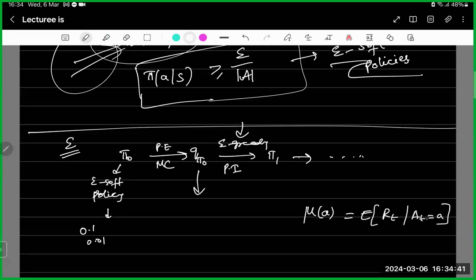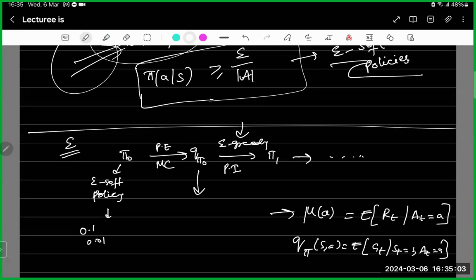Similarly, the true Q, the actual Q definition which we are calling Q pi of s comma a, will be expected G_t given S_t equal to s, A_t equal to a. This expected value is what I'm calling the true Q pi.